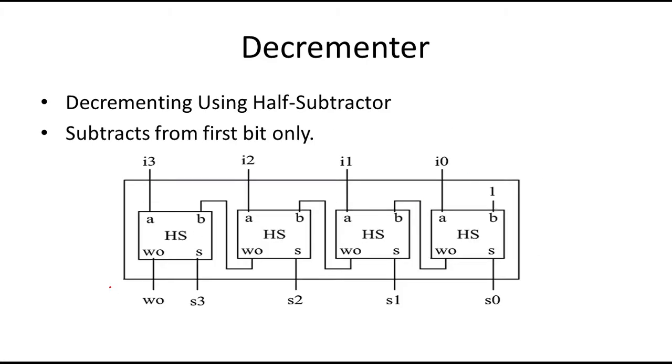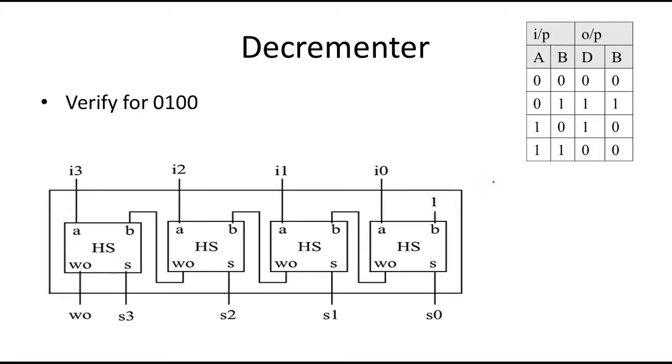Decrementing using half subtractors subtracts from the first bit only. So this is the circuit diagram of our decrementer using half subtractors. For 4-bit numbers, we just need to attach 4 half subtractors, and the first operand is 1. So I0 is 1.